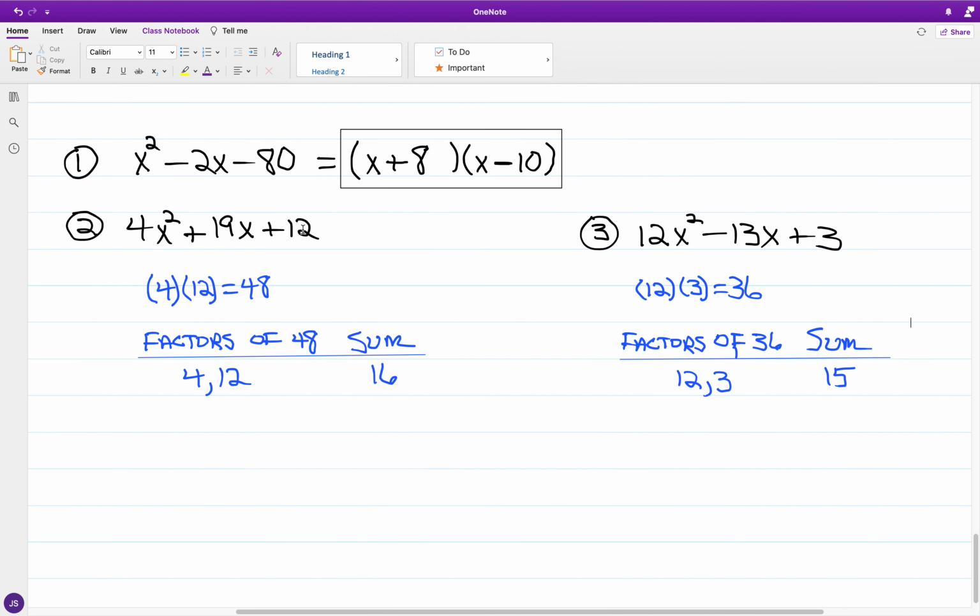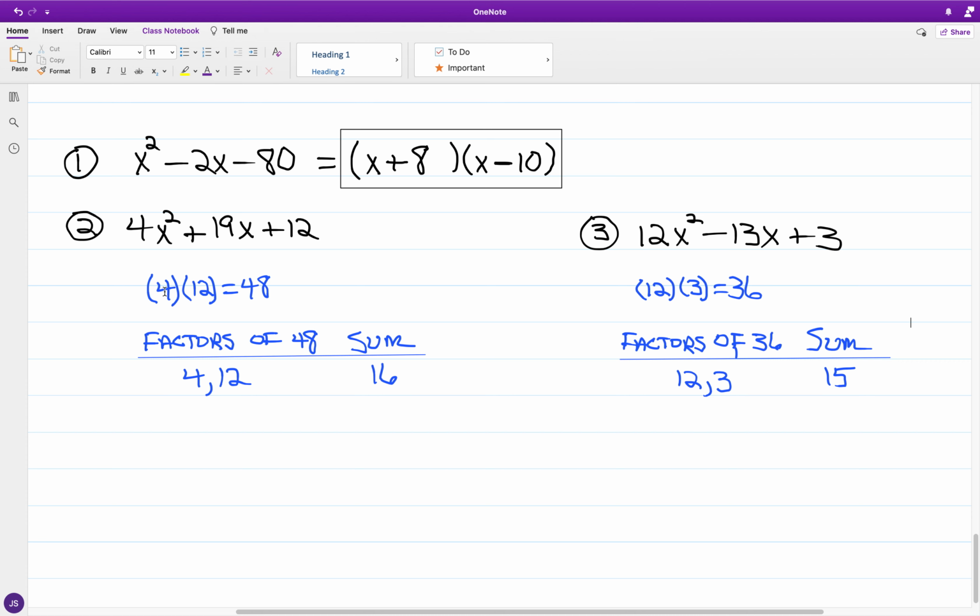Now, for the second and third items, we'll be looking at factoring by grouping. And for number 2, we have 4x squared plus 19x plus 12. Again, we begin with the initial step of multiplying the first and the last constants. So you have 4 times 12 is 48. And upon attaining the product, we'll be looking at factors of that product that will add up to 19.